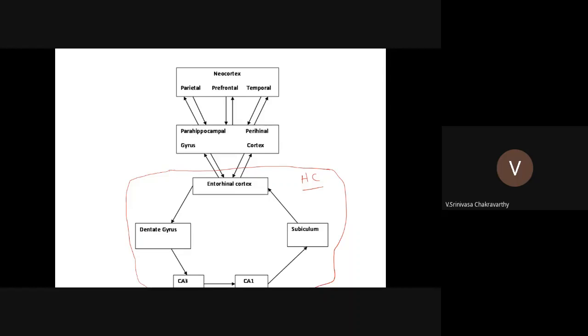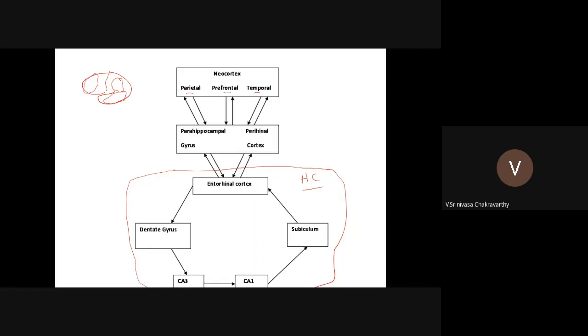Look at that: pretty much the whole of the cortex, parietal, prefrontal, and temporal. Prefrontal is all here, parietal is all here, and temporal. So that's pretty much the whole of the cortex.